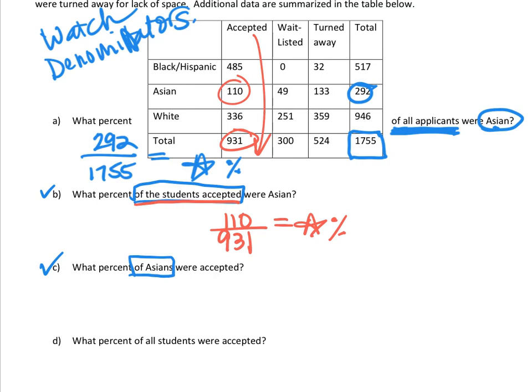What percent of Asians were accepted? So my denominator is this 292. What proportion of the Asians were accepted, which is that 110? You're going to get very different numbers, because you're taking out of a different sized pool, 292 instead of the entire 1755.